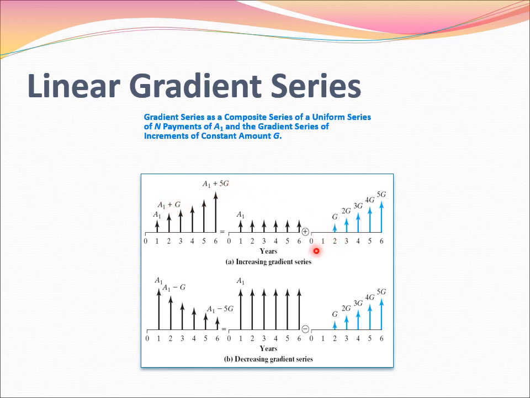And it starts from the second period, because the second payment here is A1 plus G, and when I subtract this A1 included in the first payment, first cash flow, for the second one, the remaining thing is G. And then we have 2G, 3G. Now, I know how to find the present or future value for this uniform payment series.